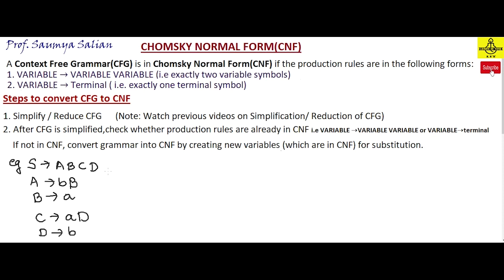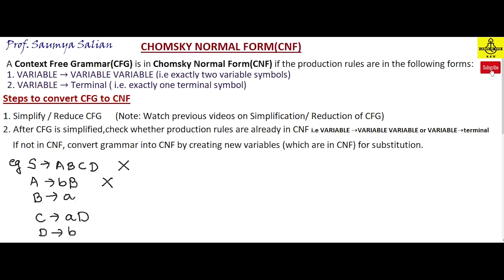Checking S: the production rule of S is not in CNF because it has more than two variables, a combination of four variables. The production rule of A is also not in CNF because it is a combination of a terminal and a variable, which is not allowed.